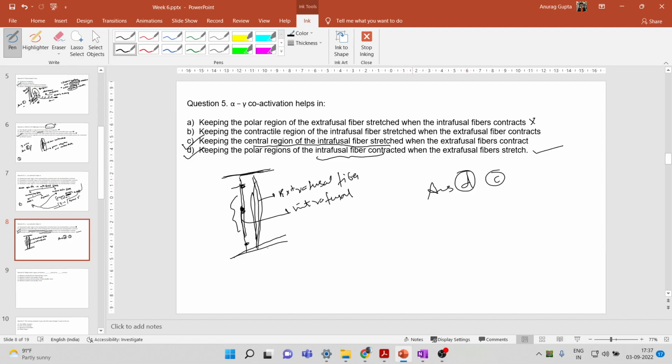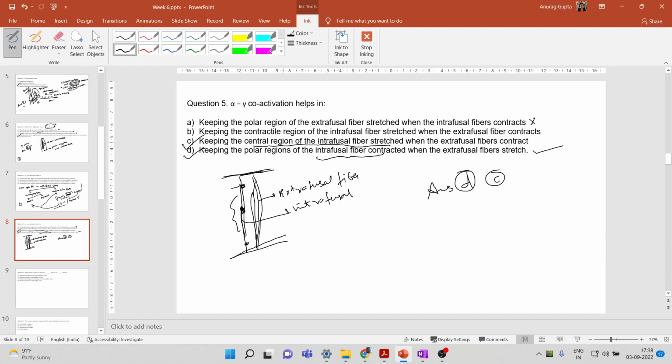Contraction of the extrafusal fibers will also stretch the intrafusal fiber, right? Because we know that intrafusal fibers are connected to the tendons as well. So tension in the tendon will tend to stretch the intrafusal fibers.